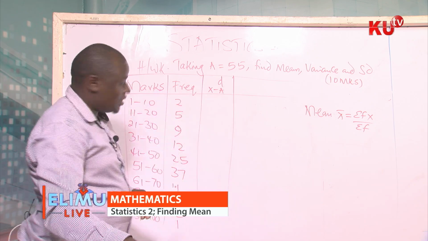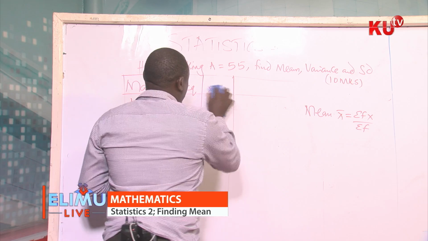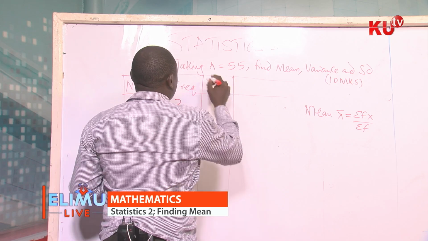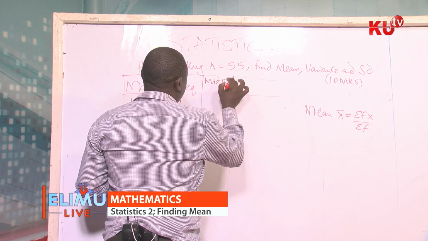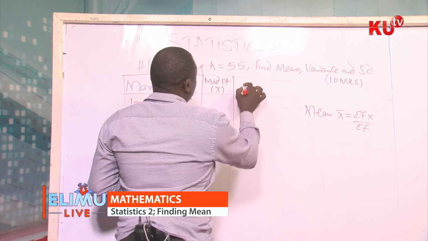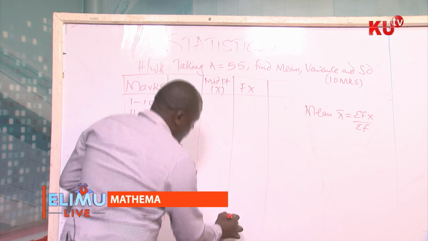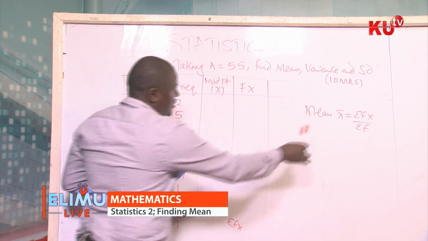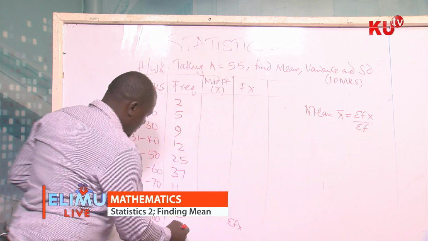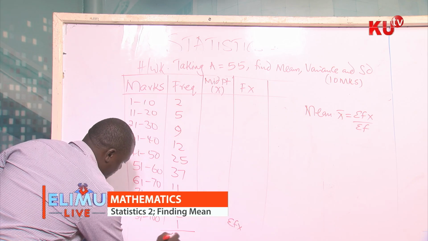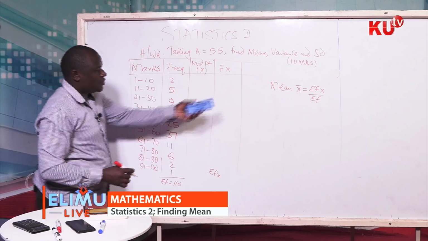Rather than get this column of D, here you remember we have midpoint first. So you can decide to get fx. Then summation of fx is here, and summation of f, which is 110, is what we have.